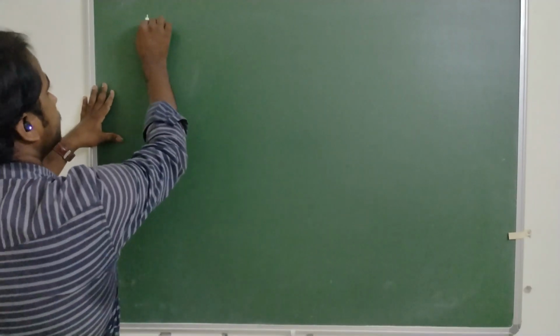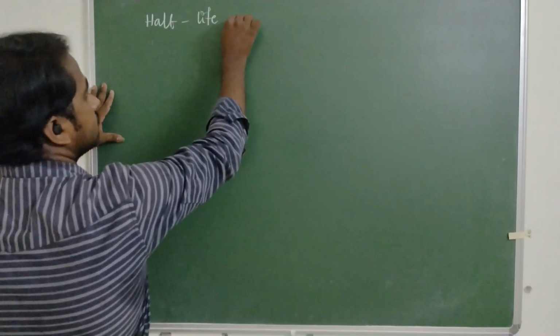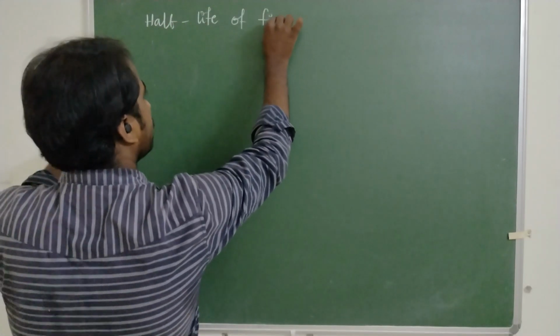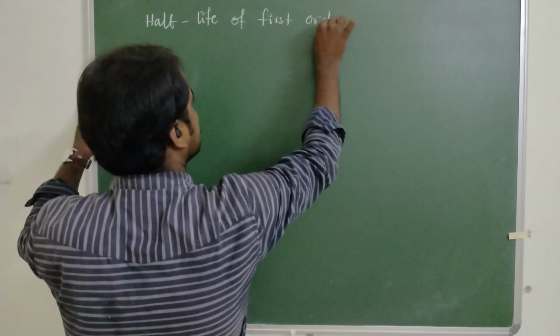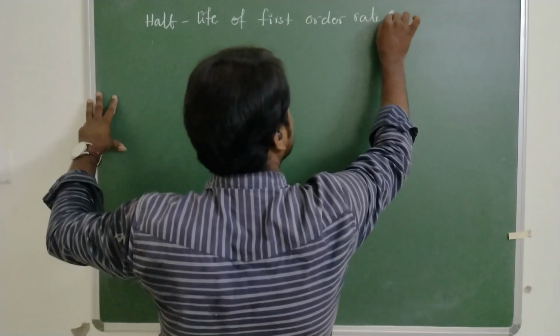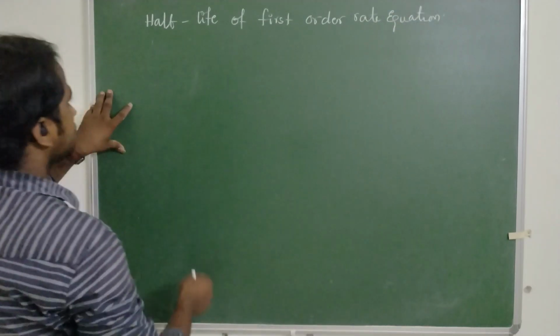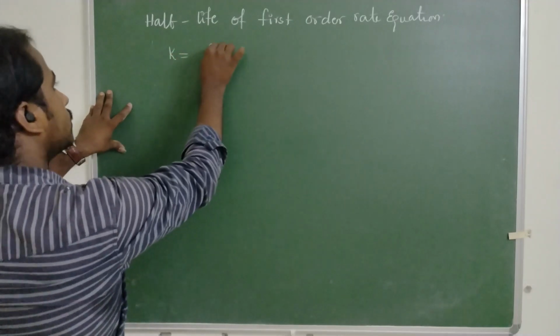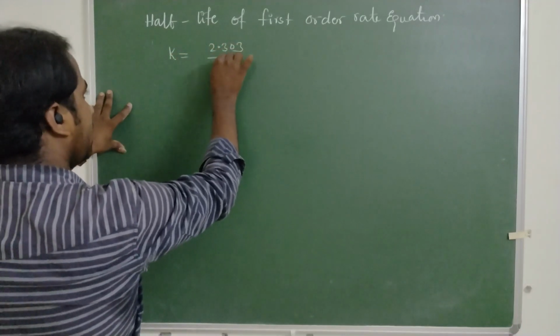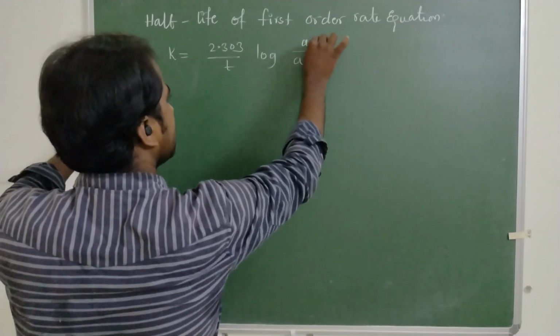The half-life of a first order reaction. For the first order equation, k is equal to 2.303 by t log a by (a minus x).